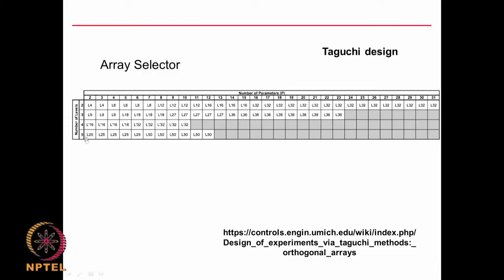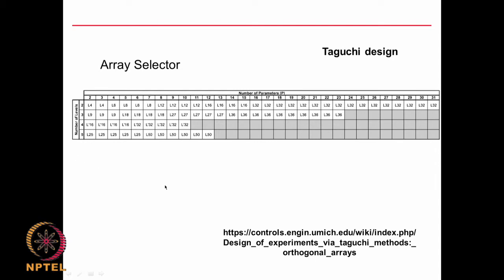If you look at this table, there are tables available like the L9, L18 and L27 tables, meant for 3 levels and so on. The L16 table is meant for 4 levels, and L25 and L50 tables are available for 5 levels. So, standard tables are available, we just pick up and use them. Let us look at 2 levels.